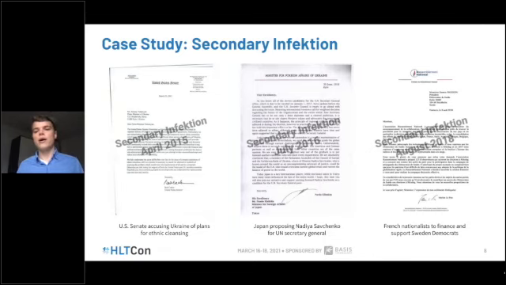And on the right, we have a fake letter from the far-right Rassemblement National party in France, sent to the far-right Sweden Democrats party. All of these are fake. But they're all posted by this group.